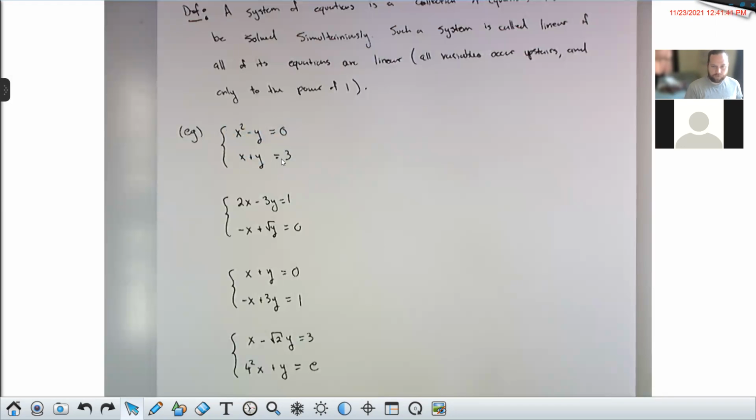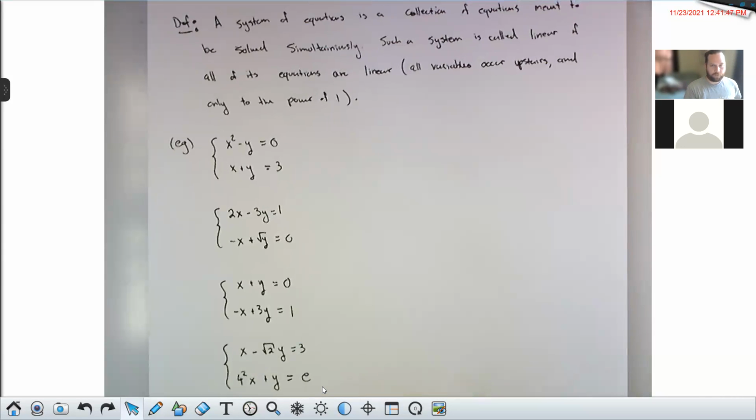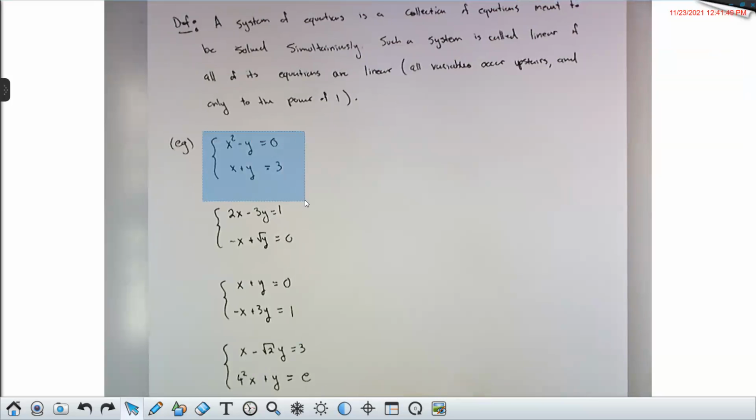What I want to do is just classify them as linear or nonlinear. So thinking about the definition above, is this first system a linear system or a nonlinear system? Nonlinear?